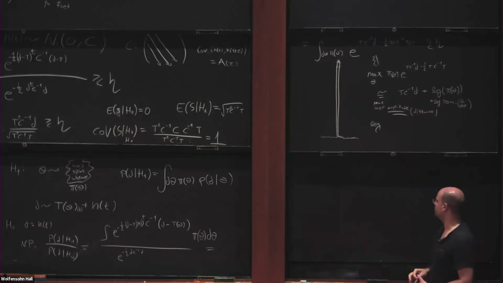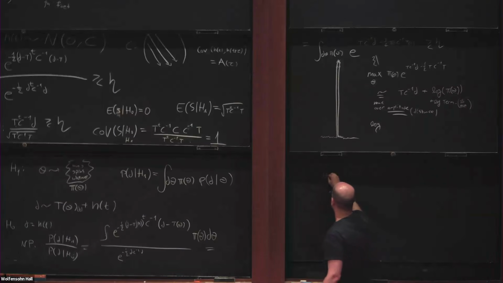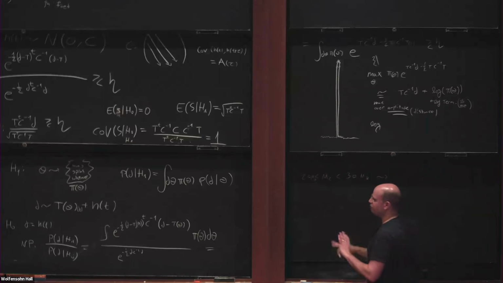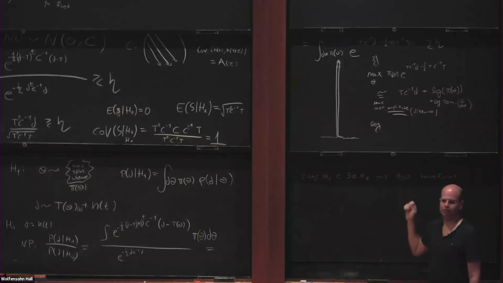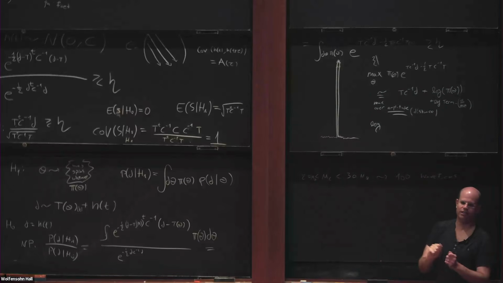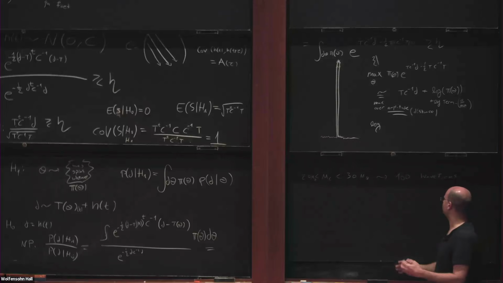If I look at Javier's template bank, and I look at a black hole that is, I don't know, between 20 and 30 solar masses, okay, then I look at this bank, and even if I'm over exhaustive, there's like 100 waveforms. And I can tell you a secret. One of them had already detected more than 5 different gravitational waves. Okay, so the ones that are vanilla, spin 0, they detect gravitational waves like mad.